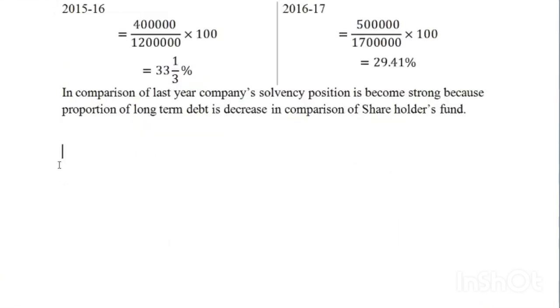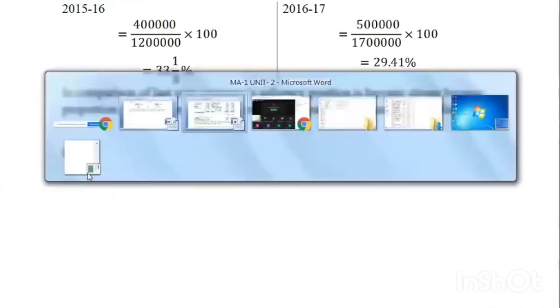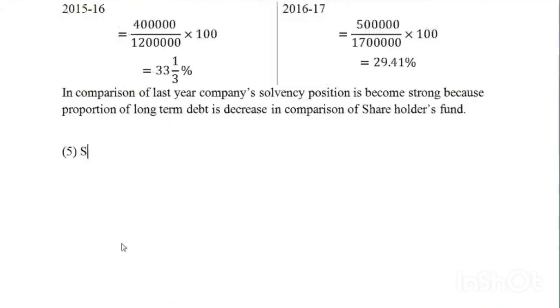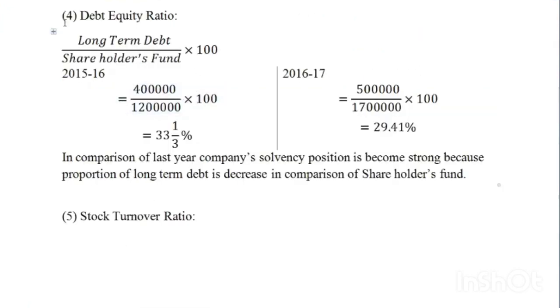Now next is number 5. The fifth ratio they ask is stock turnover ratio. Stock turnover ratio is showing stock position.